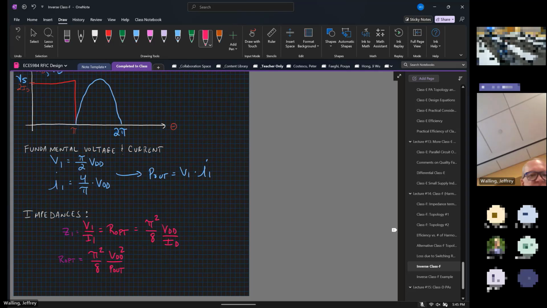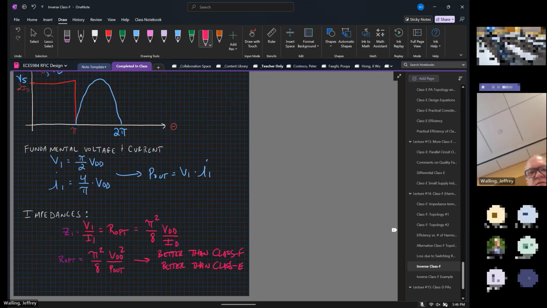So it's better than the class F. Class E was 0.577, so this is better than that. It's not quite as good as the Grebennikov class E, the parallel circuit.